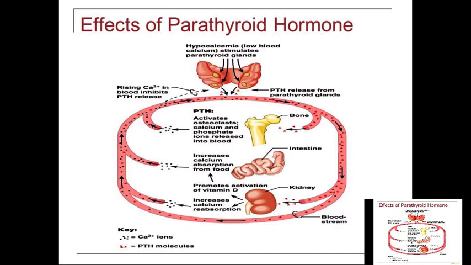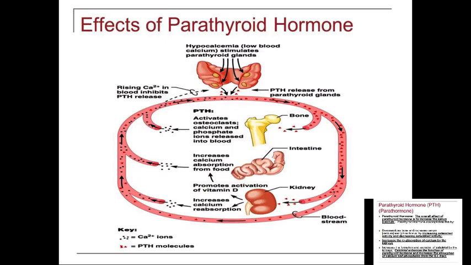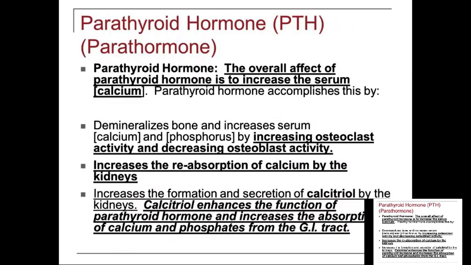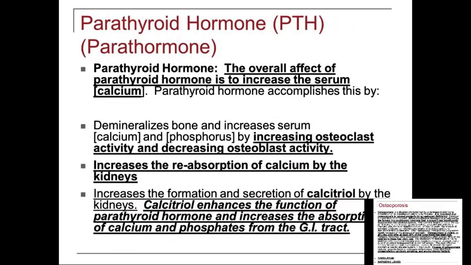It's going to do that by activating the osteoclasts, breaking down bone. It's going to do that by increasing calcium absorption from food, and of course, you need vitamin D in order to do that. The kidneys make the bioavailable form of vitamin D. Okay. PTH, we went over this already.